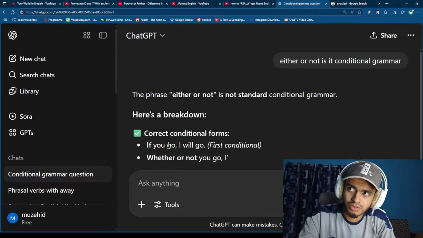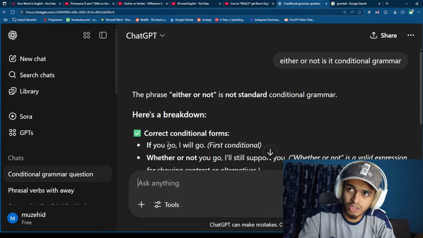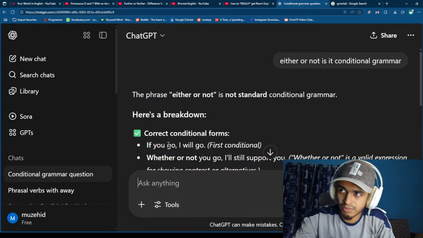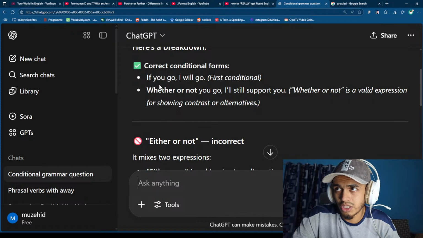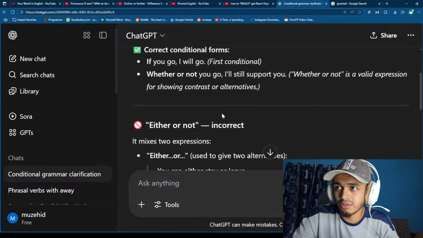The phrase either or not is not standard conditional grammar. Here's a breakdown. Correct conditional forms: if you go, I'll go. Whether or not you go, I'll still support you. Whether or not is a valid expression for showing contrast and alternatives.